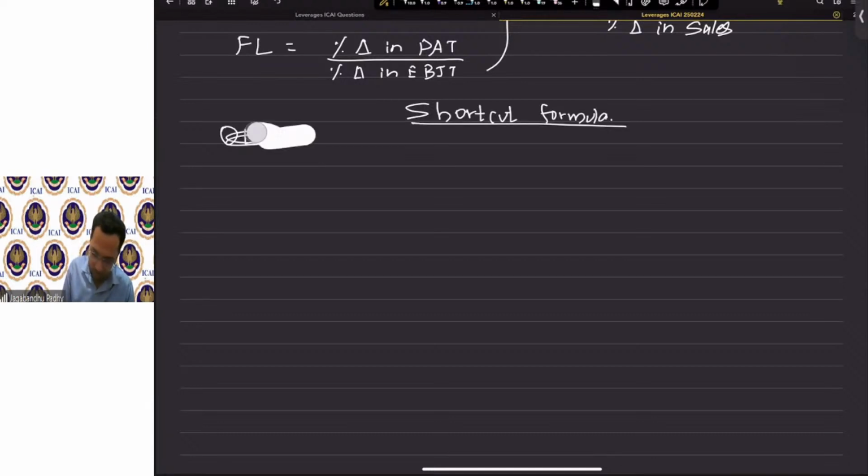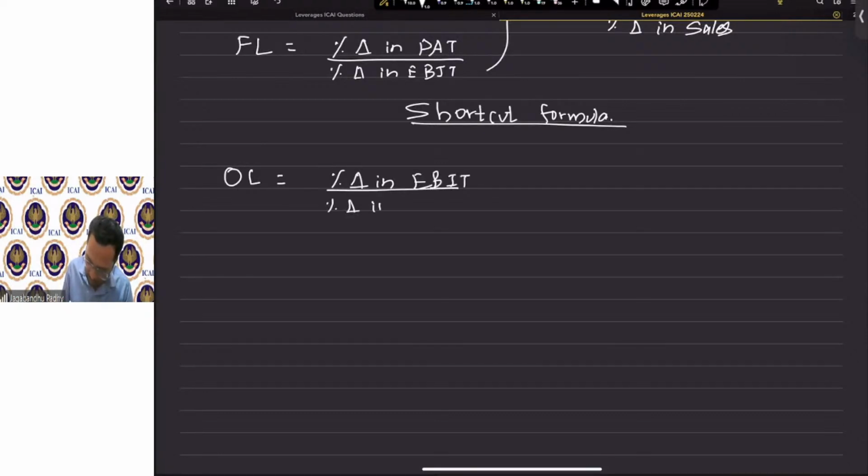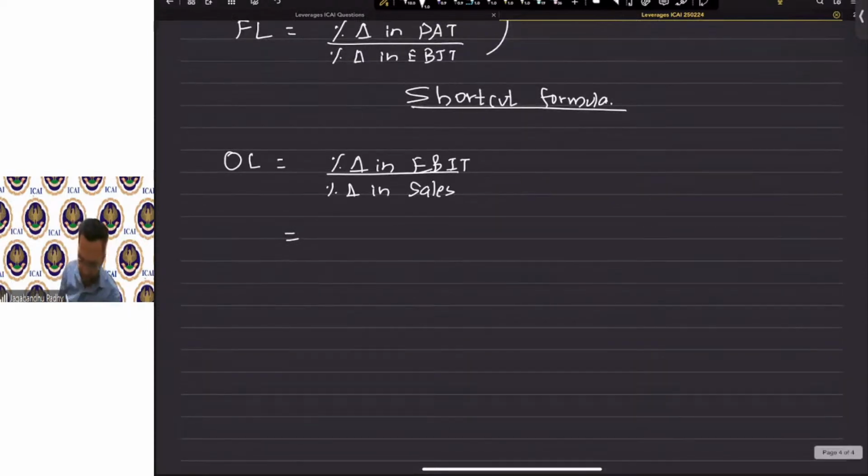As we have seen, operating leverage is percentage change in EBIT upon percentage change in sales. So let's first go down and say, how do we compute this percentage change in EBIT?